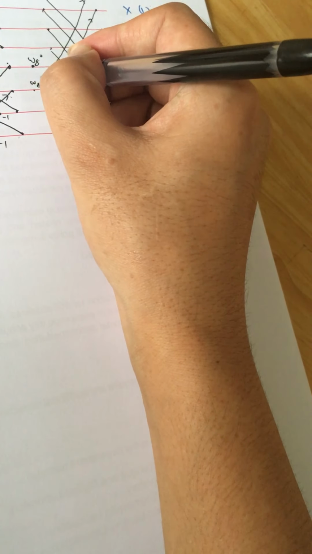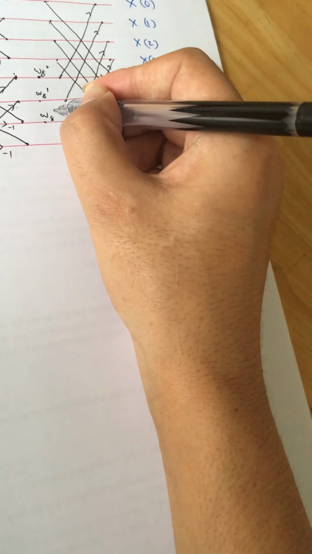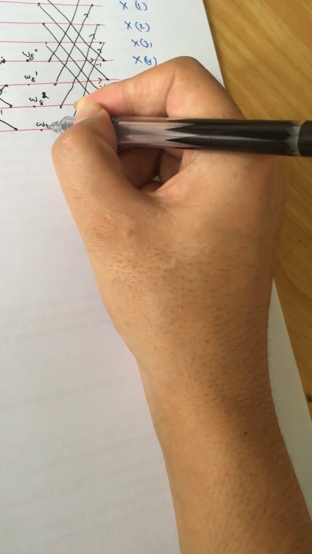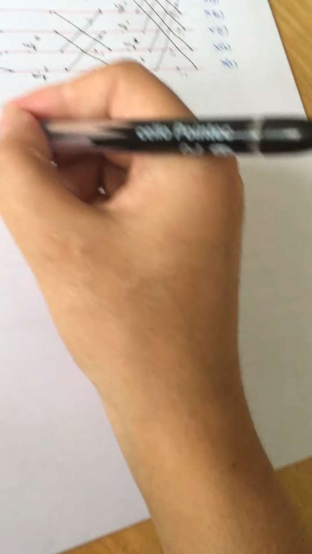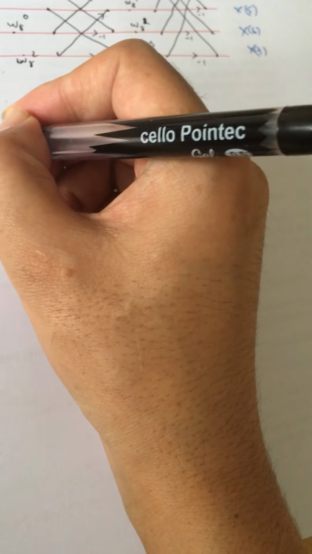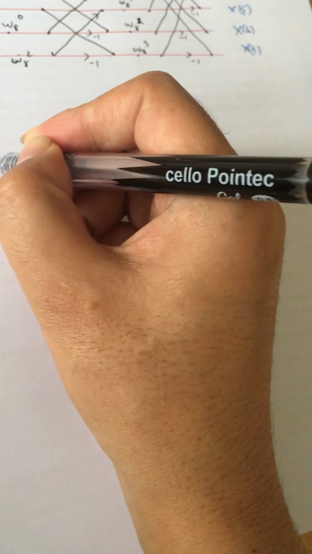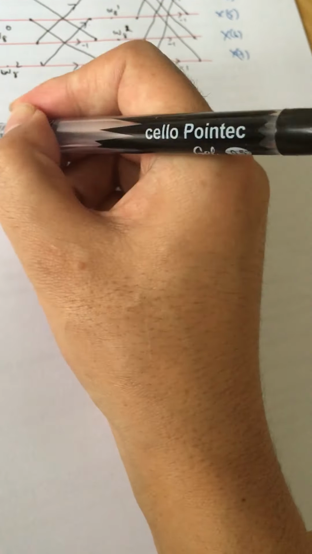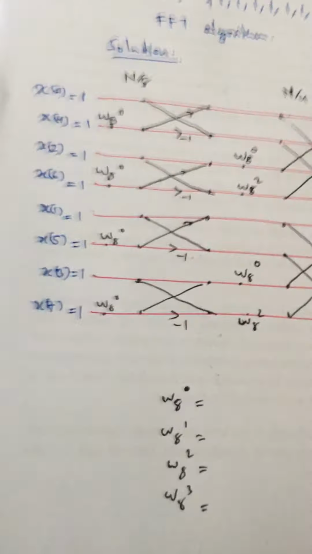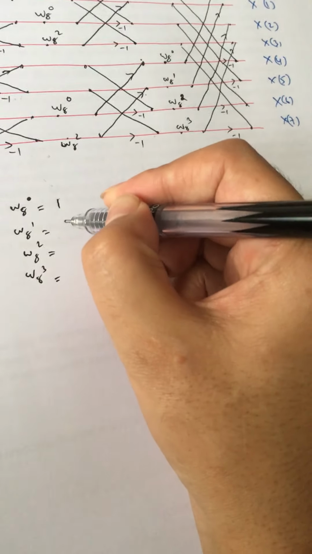Omega 8 raised to 0, omega 8 raised to 1, omega 8 raised to 2, omega 8 raised to 3. So what is your omega 8 raised to 0? It is 1.